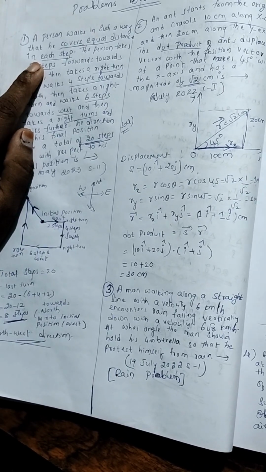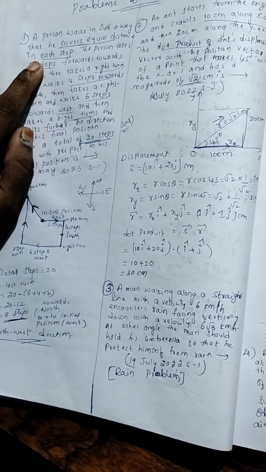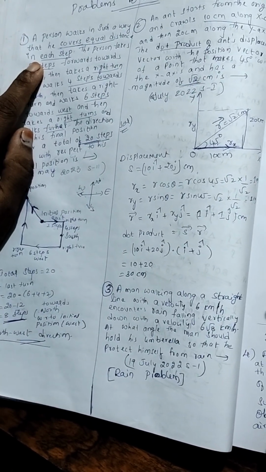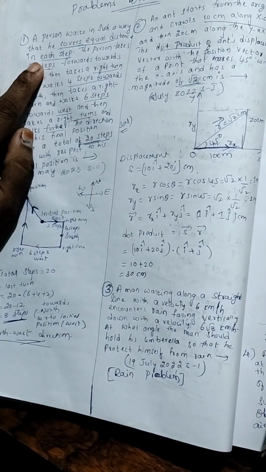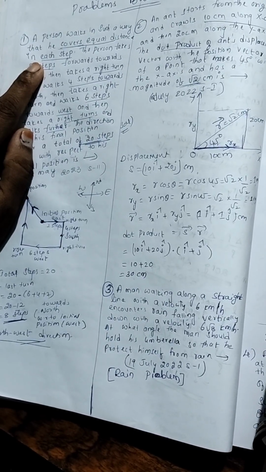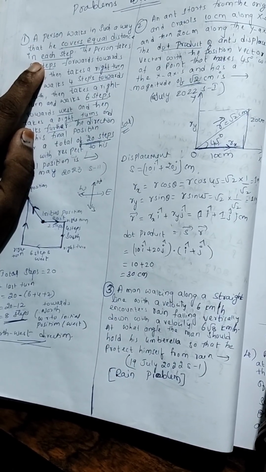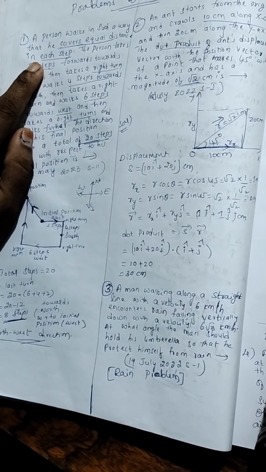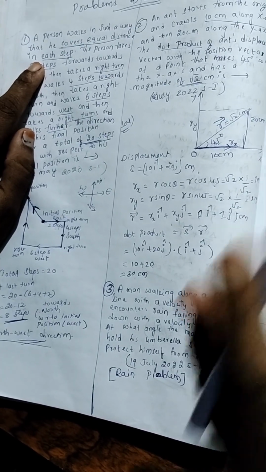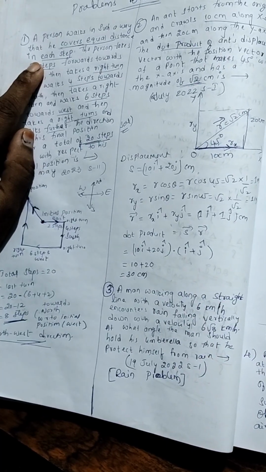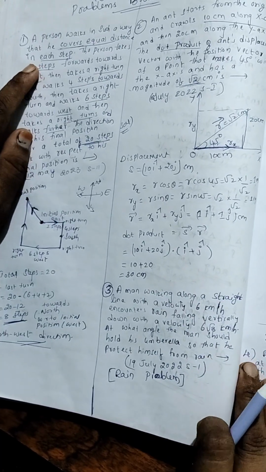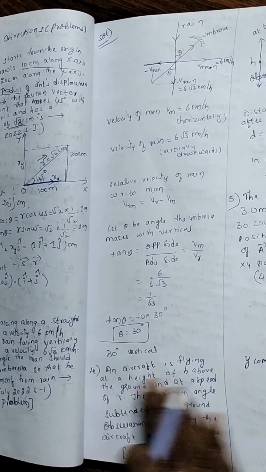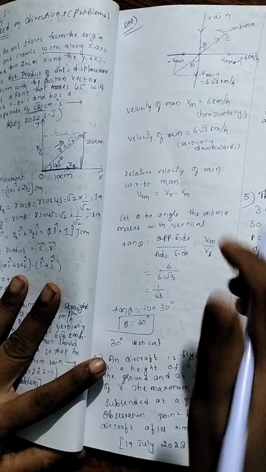Now the man is in motion and the rain is falling vertically. So how should he hold the umbrella in order to save himself from getting wet? Now we have to find that particular angle. For that, you see what he said.